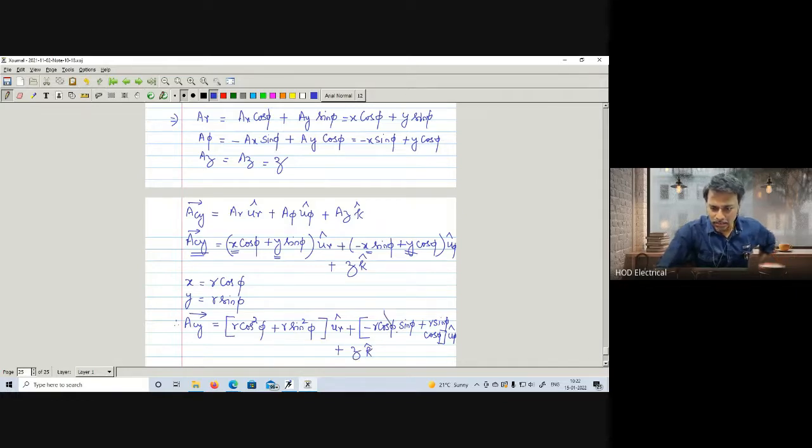Now the minus and plus terms cancel each other.